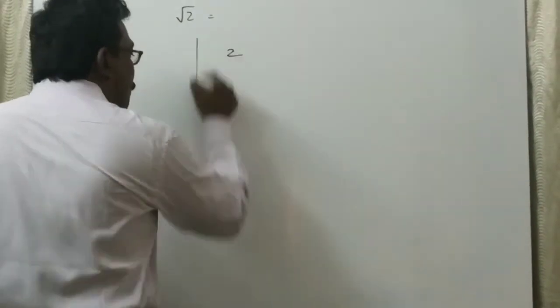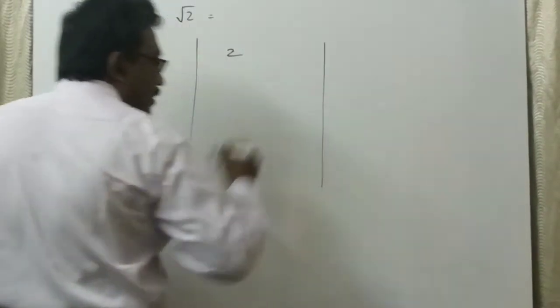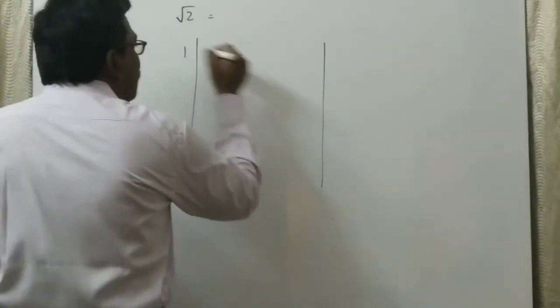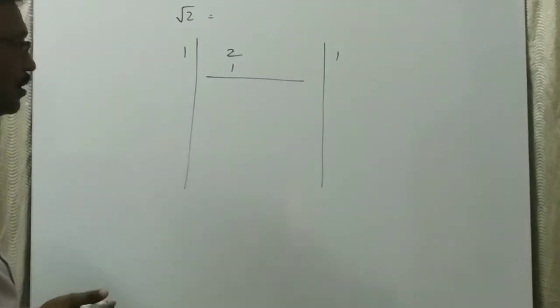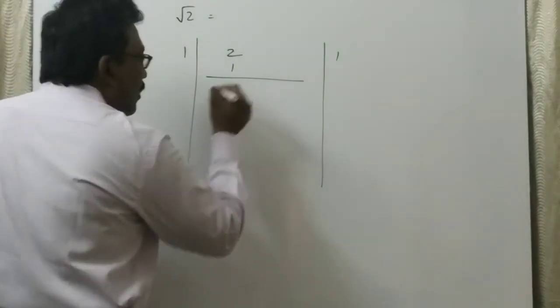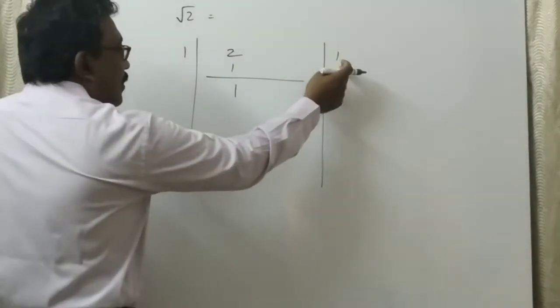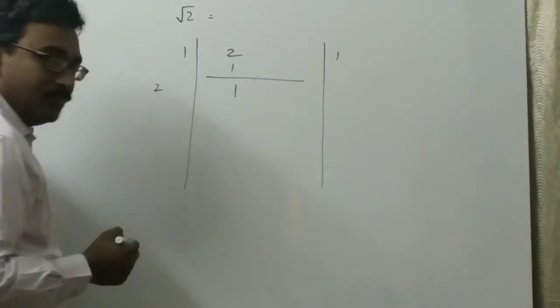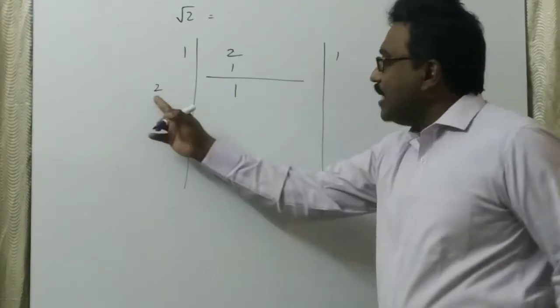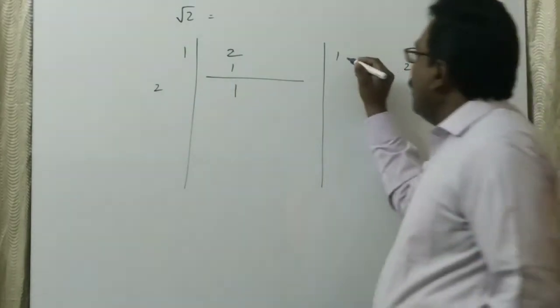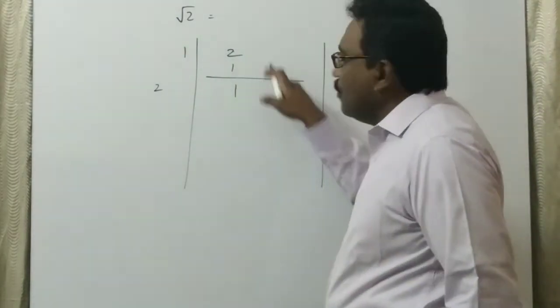So 2, long division method. So as usual, 1 ones are 1 only, because 2 twos are 4, it will become more. So 2 minus 1 is 1. 1, double it, 2. Okay, now besides 2, I put nothing as there is nothing to bring down.